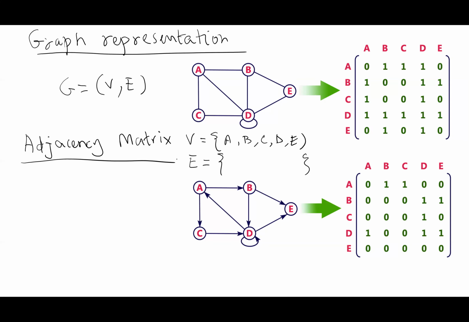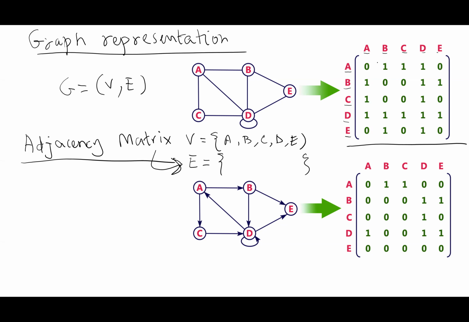And as you can see, this is a matrix, and this is not very complicated. You see, each vertex is represented by a row here, and also the same vertices are represented by a column, right? So this is a way to represent the edges.